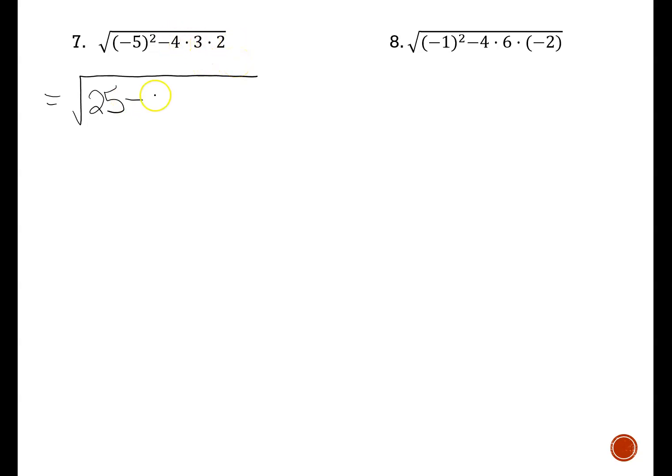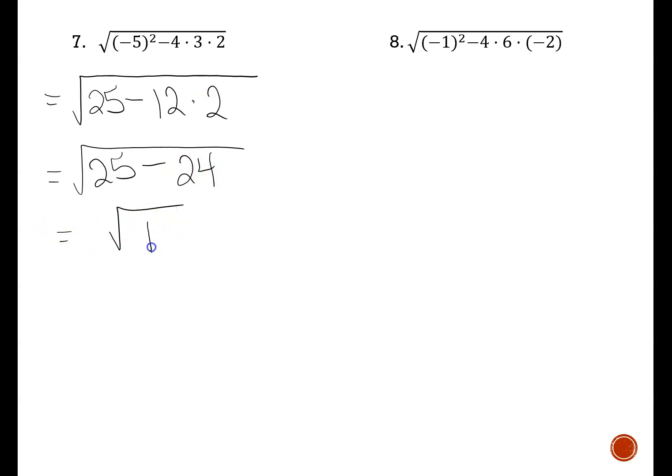We've got 4 times 3 is 12, and then we'll bring down the times 2. Now I've got subtraction and multiplication. I need to do the multiplication. So we've got 12 times 2 is 24. And now we subtract. And last, we take the square root. The square root of 1 is 1.